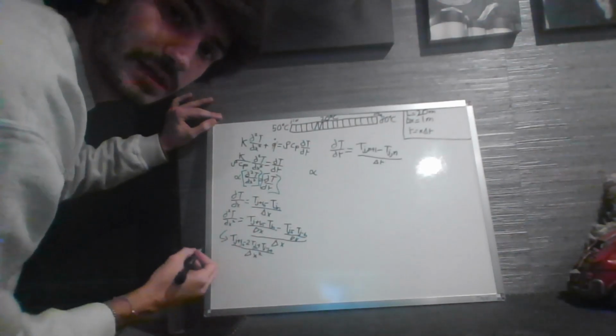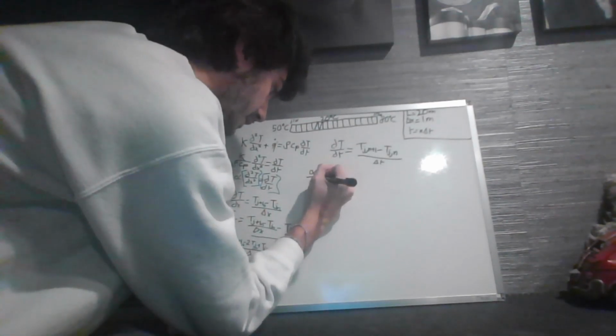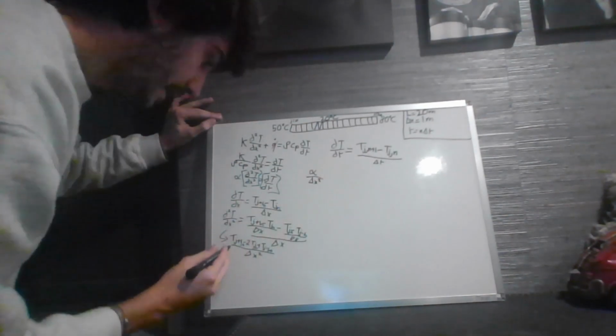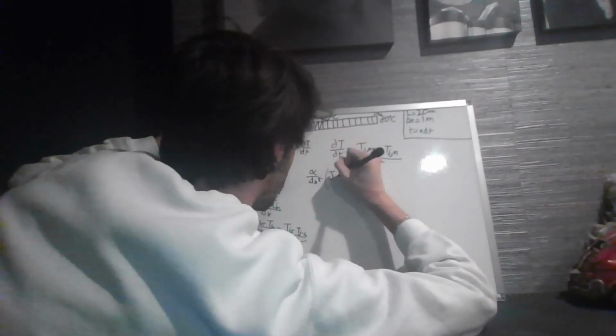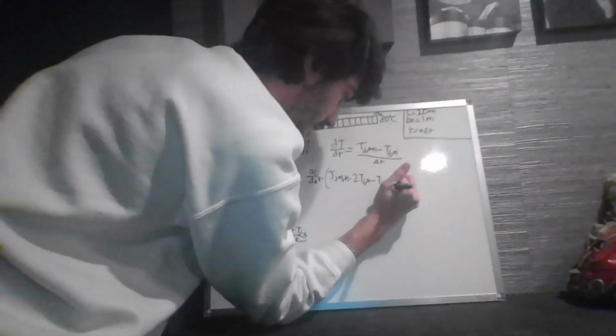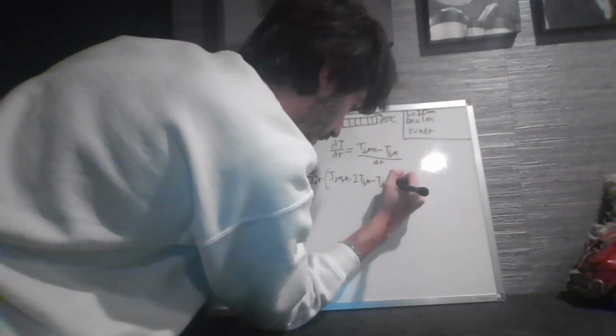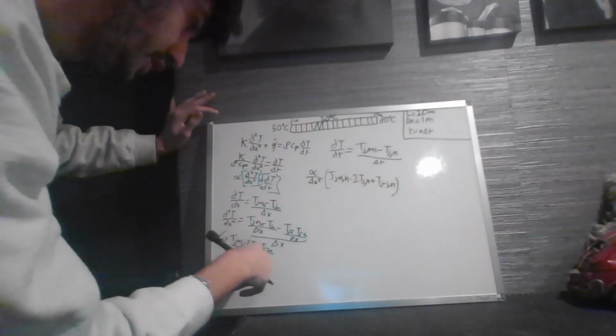I'm actually going to pull out this delta x squared to simplify this a little bit, and then just multiply it by the top, which is T of j plus 1 at time n, minus 2 T j at time n, plus T j minus 1 at time n. That's a plus. I don't want to mess that up.